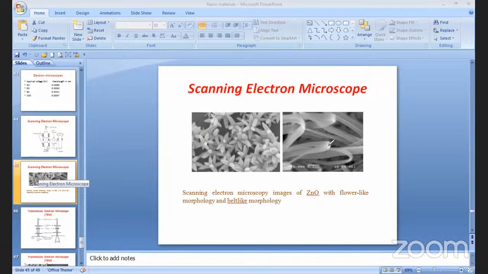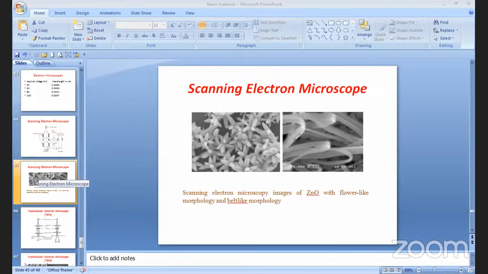Okay, so this is one of the ZnO samples. Here the method which we used is chemical co-precipitation. The chemical co-precipitation synthesis method has been used to obtain various morphologies by varying the synthesis parameters. Okay, so this is about the SEM, and the SEM image has been shown here.